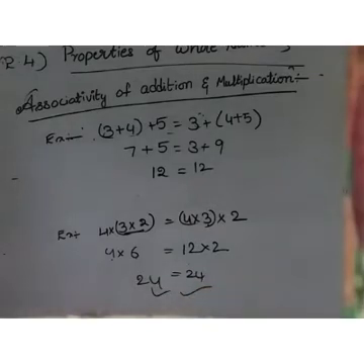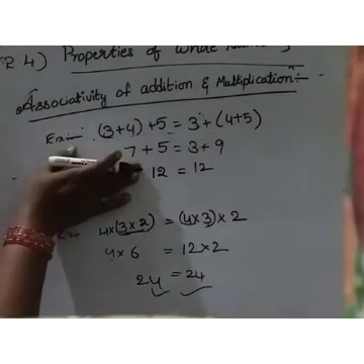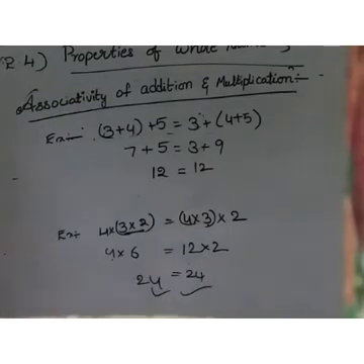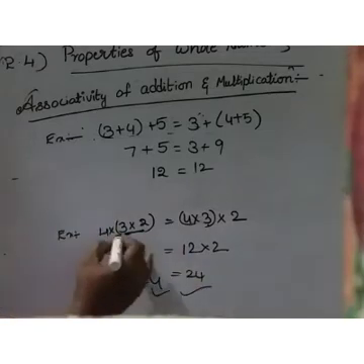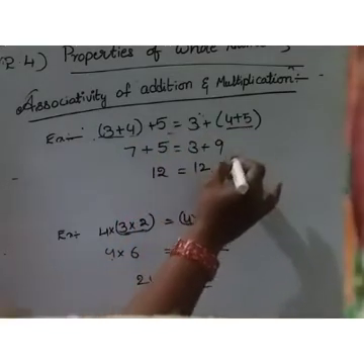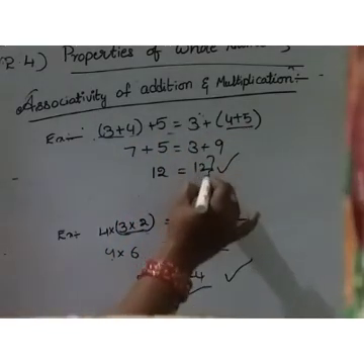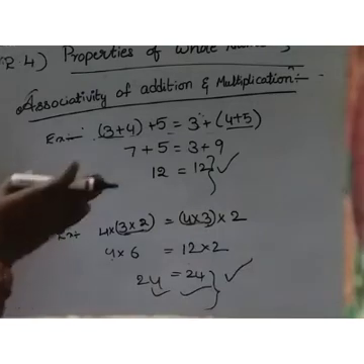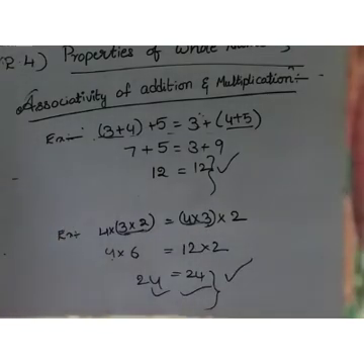So this is the associative property for multiplication of whole numbers. This is the associative property of addition of whole numbers, and this is multiplication of whole numbers. Here 2 is in one bracket, here 2 is in one bracket, but we have to get the same answer both times. Is it clear? Associative property, closure property we have discussed.